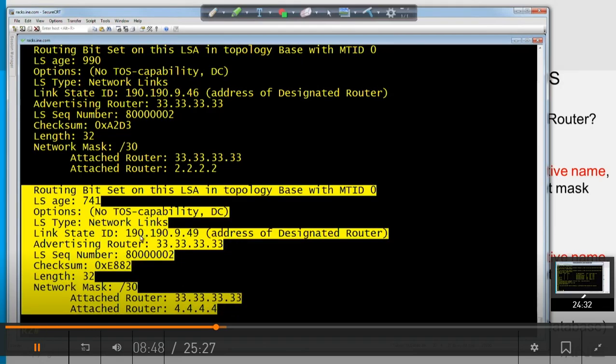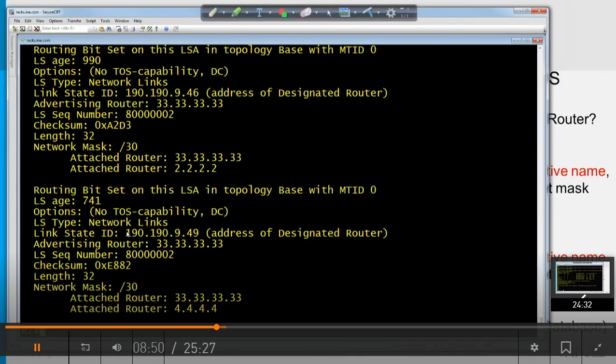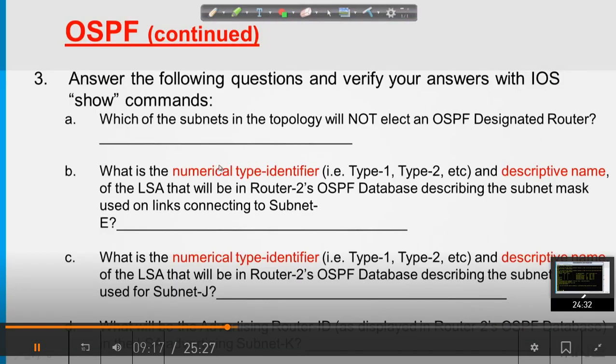He says, on this link I'm connected to, here's my address, and here's the network mask. Because this is a host address, we can extrapolate from that that it's in the 9.48 network because we've been given the subnet mask. So in a broadcast-based network or a non-broadcast multi-access network, it is the type 2 network LSA that contains the subnet mask information.